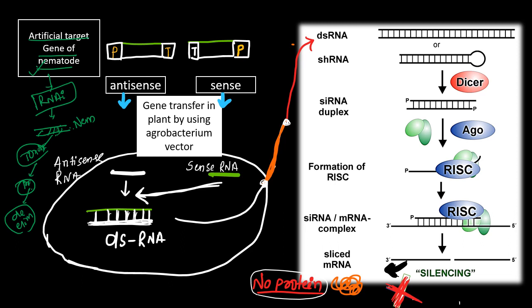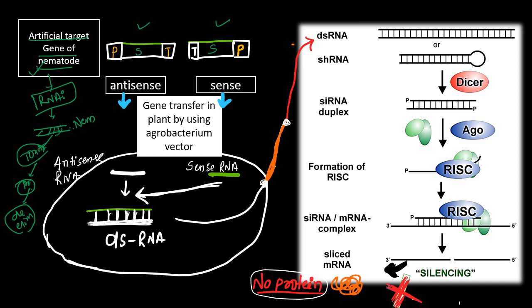So here is how we silence this gene of the nematode. First we produce two genes artificially. This is one, this is two. We know genes contain a promoter, transcription termination and a structural gene.